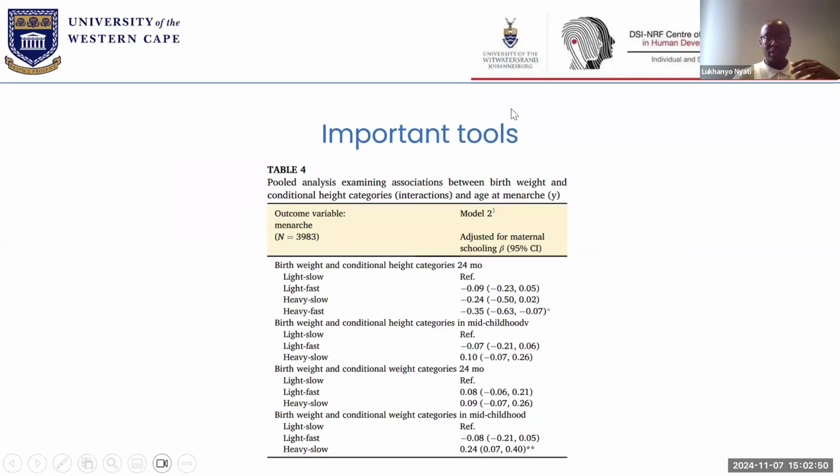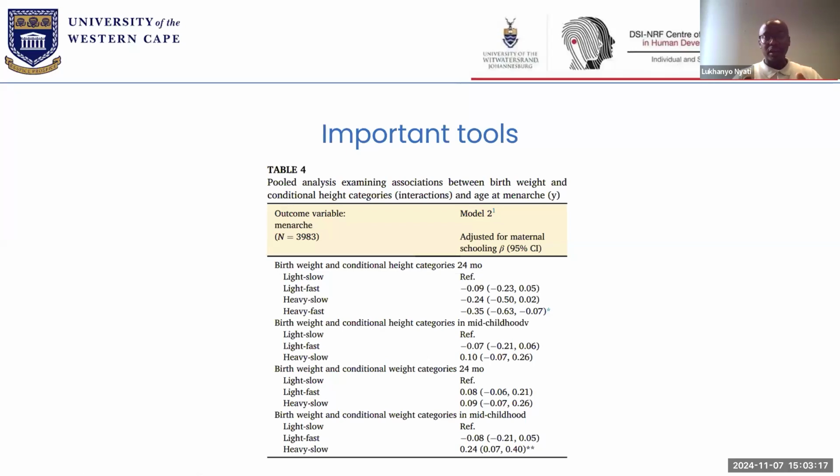Now, this is just one of the regression outputs that we had from this particular paper, and the conclusion that we reached in this particular study. I'm going to show you that in the script that I'm going to demonstrate right now.